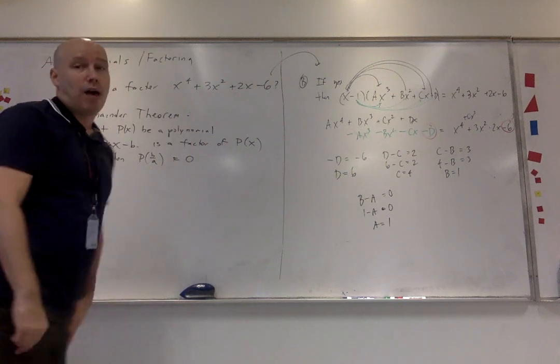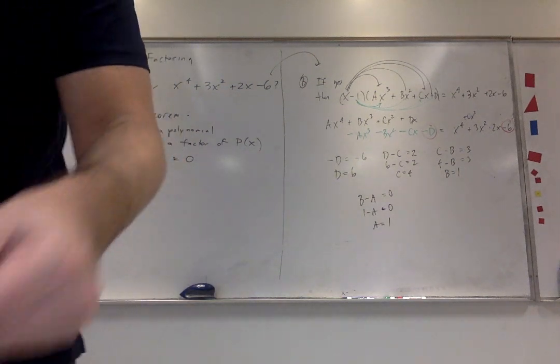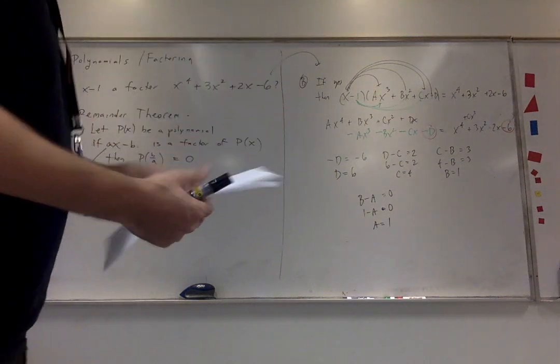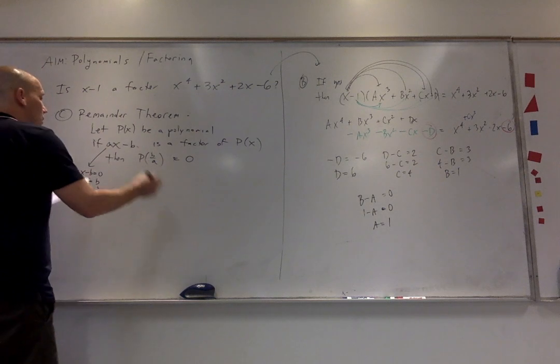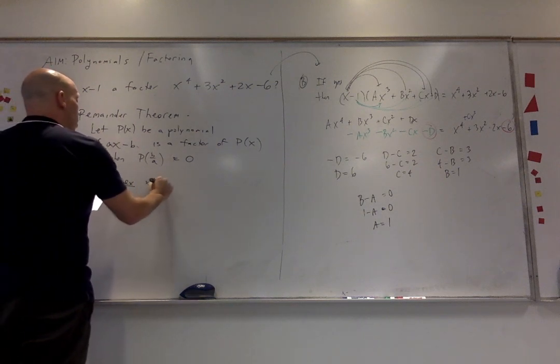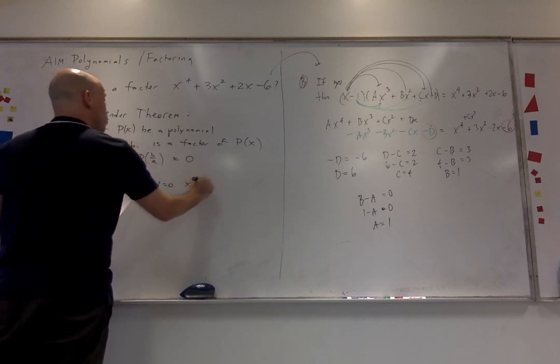Well, let's test this out. Let me see if I have some examples here. I do. Is it a factor? Well, let's use our example. We know that x minus 1 equals 0, so x equals 1.